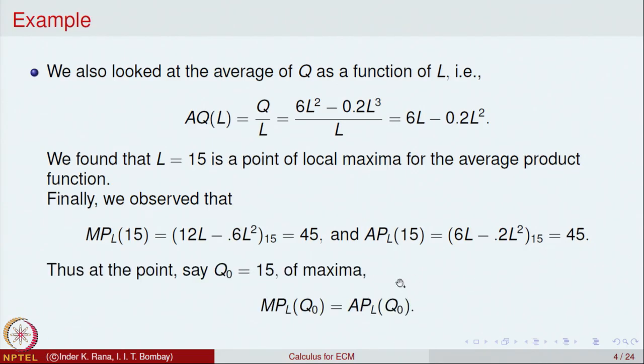So, at L equal to 15, which is the point of maxima for the average product function, the marginal product of labor equals the average product of labor.